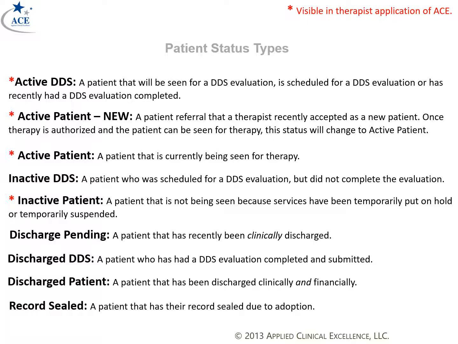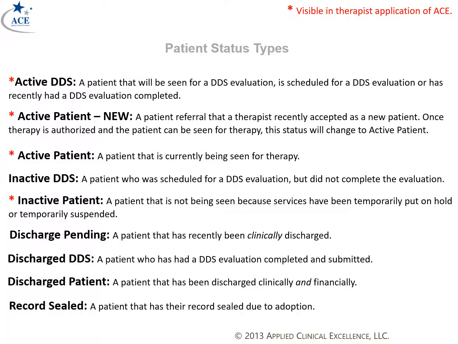Inactive patient is a patient that is not currently being seen for services because services have been temporarily put on hold. Discharge pending is a patient that has recently been clinically discharged by a clinician. Discharged DDS is a patient who has had a DDS evaluation completed and submitted.